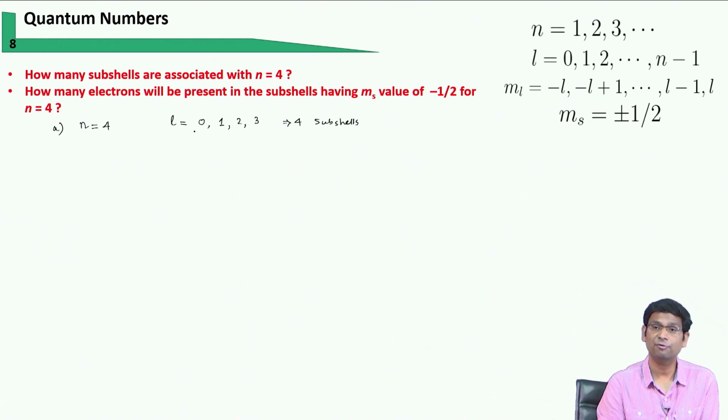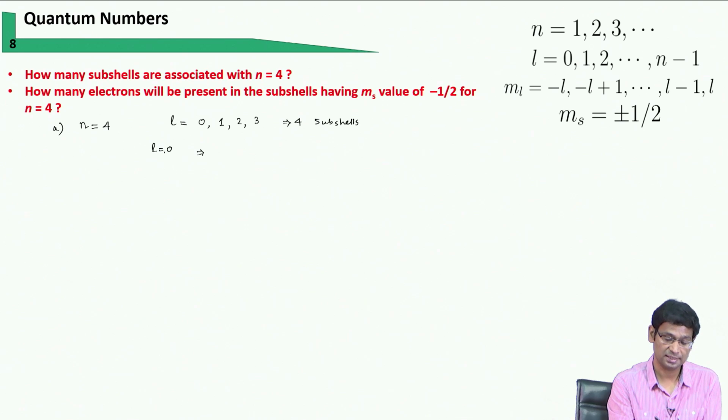Now, for each value of L, we have 2L plus 1 number of ml values. Suppose L equals 0. Since L is 0, 2L plus 1 is 1. So, one possible value of ml exists, and that value of ml is 0. And this one we call an orbital. So, I have got one orbital.